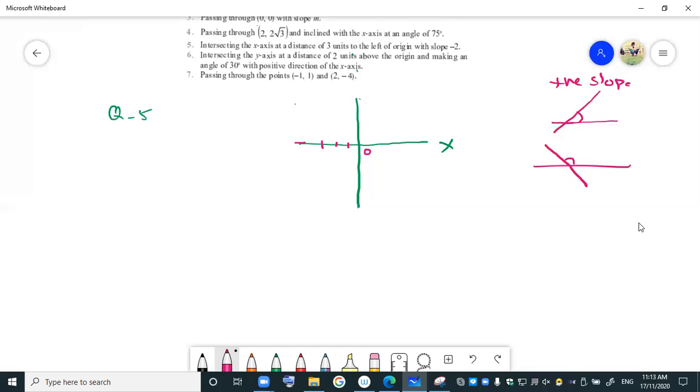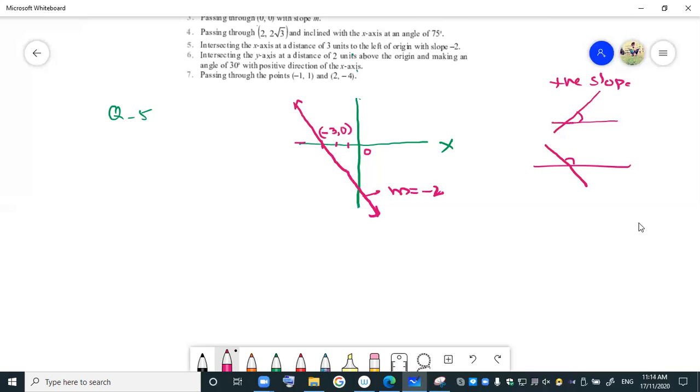So therefore the line will be passing like this. This will be the line. Its slope m is minus 2 and it is passing at minus 3 on the x-axis. Minus 3 units means the point minus 3, 0.